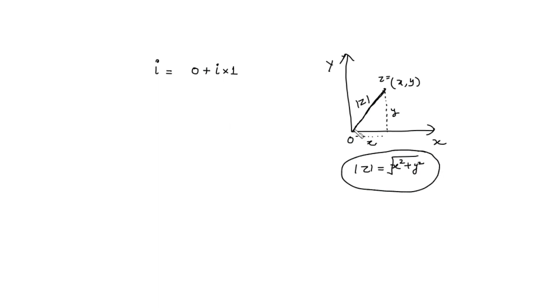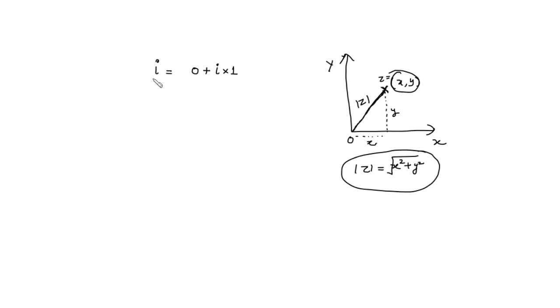This is the directed distance from the origin to the point (x, y), an ordered pair. Here x is the distance along the real axis and y is the distance along the y axis.